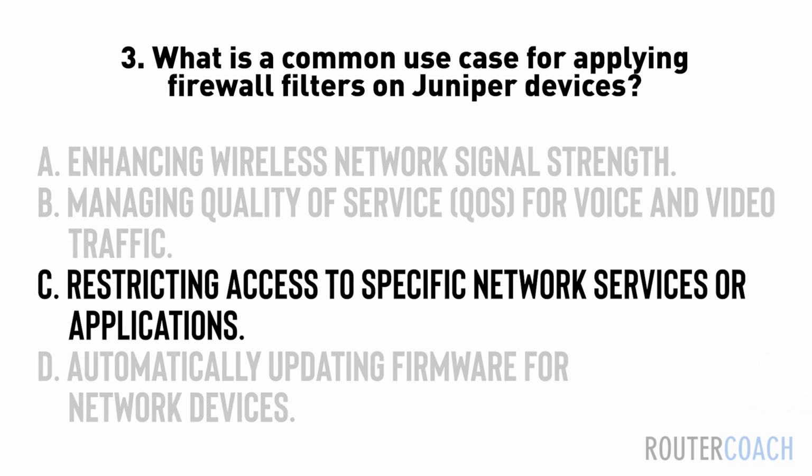The answer is C. One of the common use cases for firewall filters on Juniper devices is to control and restrict access to specific network services or applications based on defined rules. This helps in enforcing security policies and controlling traffic flow.